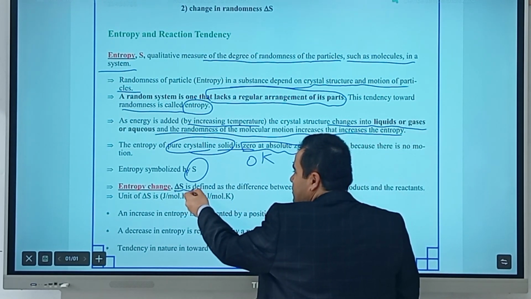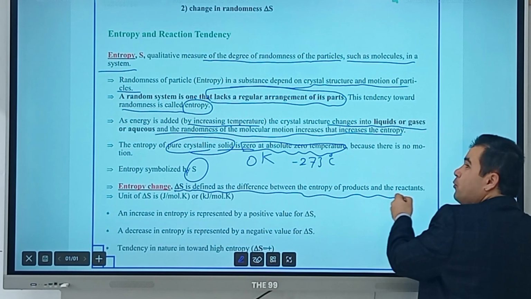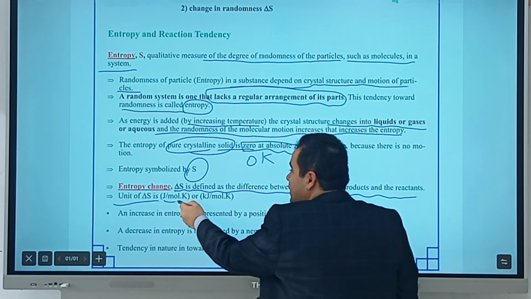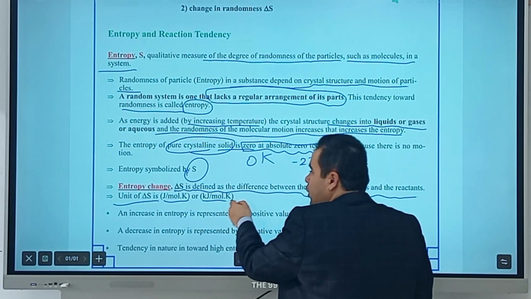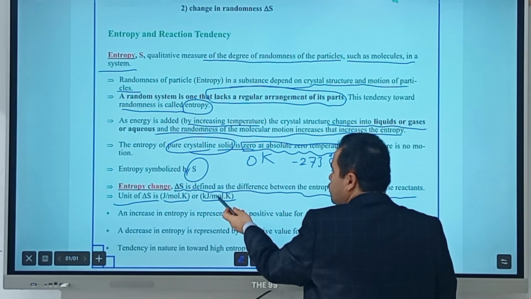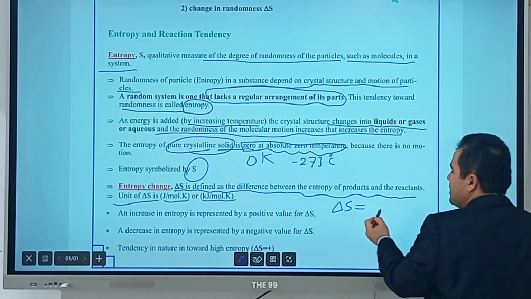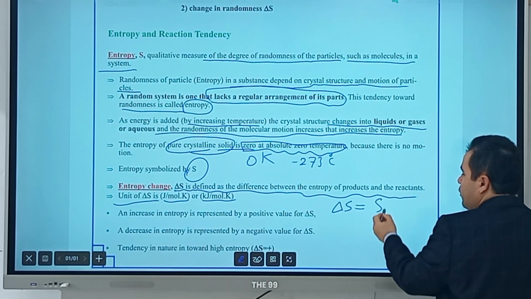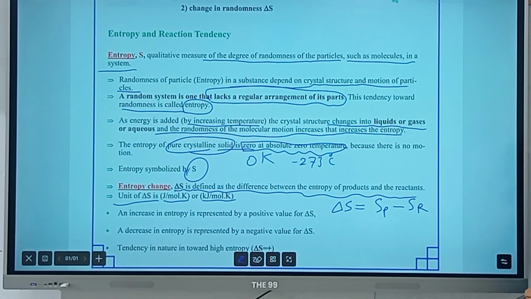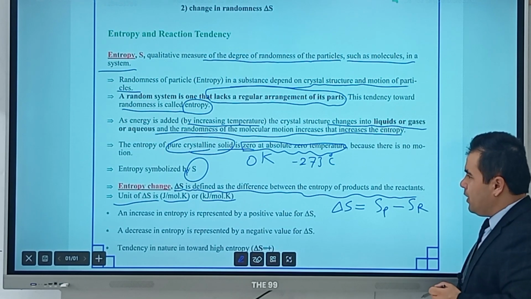Entropy change, delta S, is defined as the entropy of the products minus the entropy of the reactants, and the unit can be joule per mole Kelvin or kilojoule per mole Kelvin. The more commonly used one is kilojoule per mole Kelvin, and this can be stated as the equation: entropy of the products minus entropy of the reactants, as with the enthalpy of products minus enthalpy of reactants.